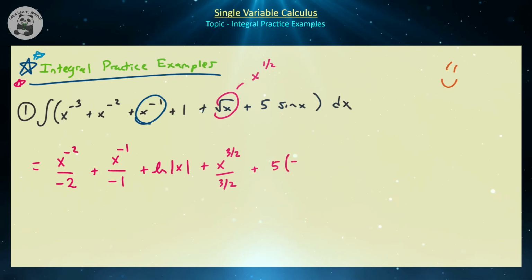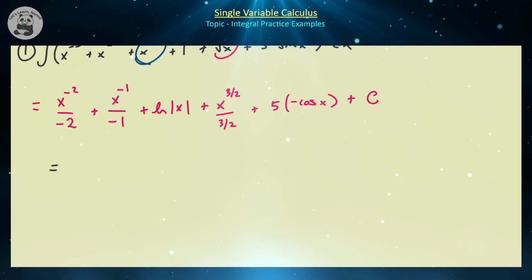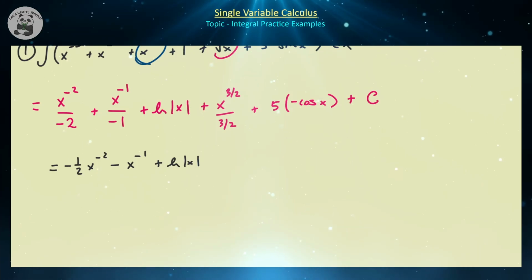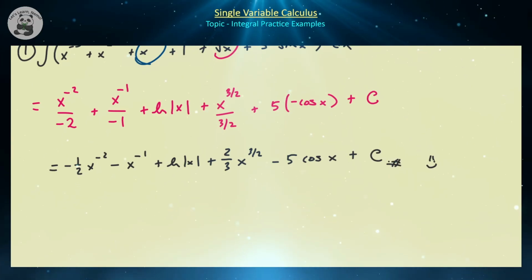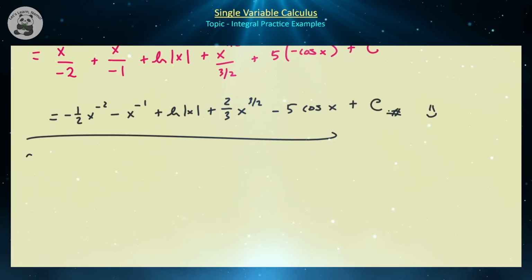So we're going to have 5 times minus cosine of x plus some arbitrary constant c, and we can of course clean up this expression a little bit and write this as minus 1 half x to the minus 2 minus x to the minus 1 plus the natural log of the absolute value of x plus 2/3 x to the 3 halves, 3 halves, not 2/3. And then we're going to have minus 5 cosine of x plus our arbitrary constant c, and that is our antiderivative, right? So quite easy and straightforward.